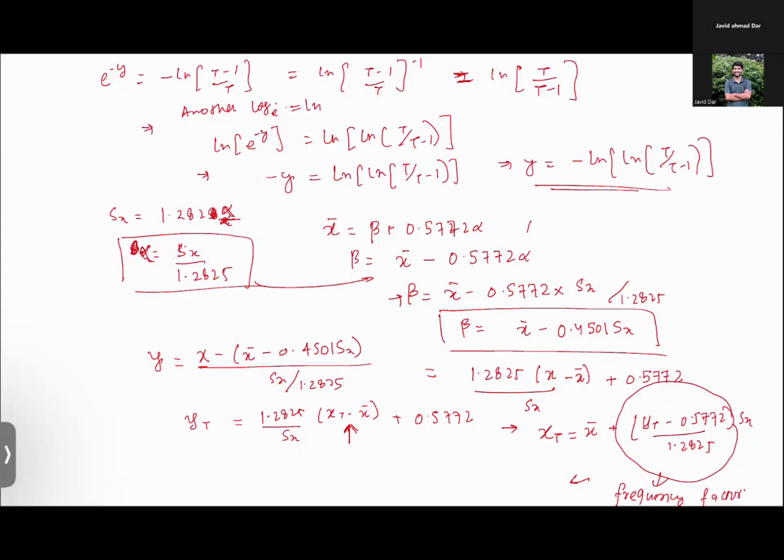The basic idea is that first you develop a relationship between the return period and the variant, and then from that variant you can further compute the value of xt, which is the value of that extreme event corresponding to that return period. So this is going to be your frequency factor, but this equation assumes that the sample size is very large.